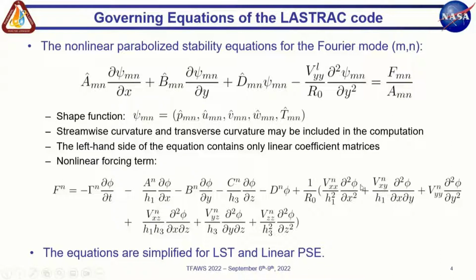Of course, the LST and the linear PSE have different approximations, like the parallel flow effect that's included in the linear PSE. So for LST and the linear PSE, the A hat, B hat, D hat matrices are a little bit different. But in this way, from the code implementation point of view, we do not need to change a lot in the LastTrack code to extend its capability.